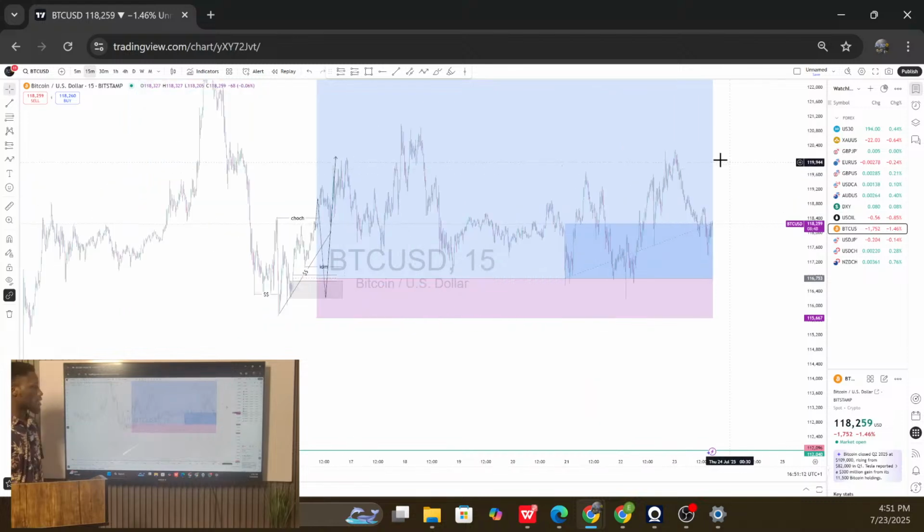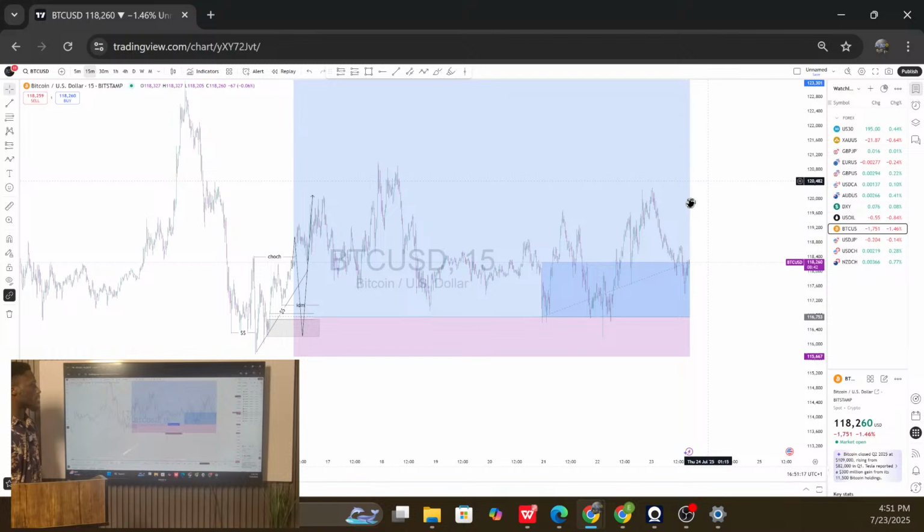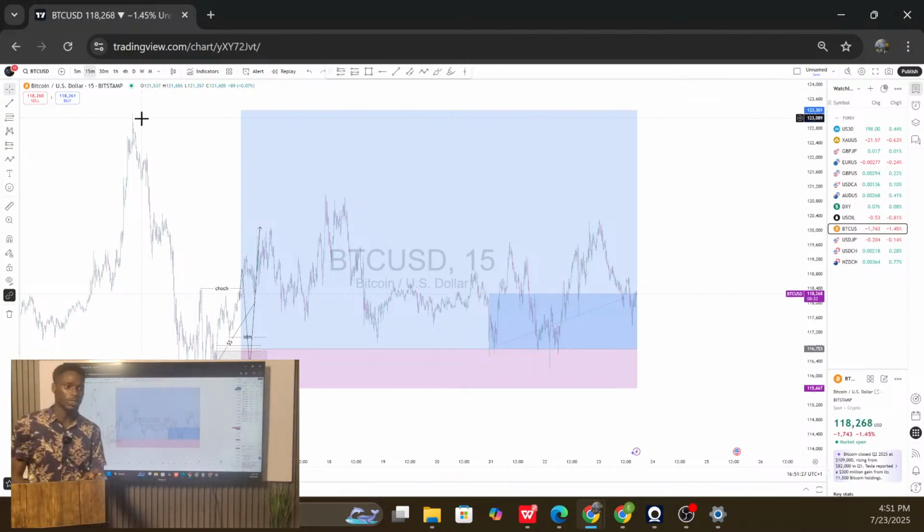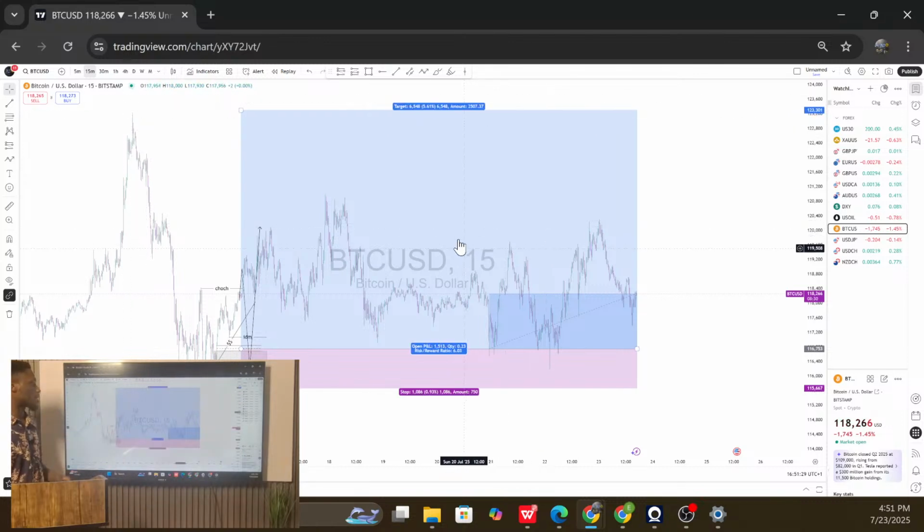Albeit, we may see price coming to sweep above here as liquidity grab for the sell. Right before it sells, you may see price come and sweep this high. And that's what I was expecting. I was expecting price to come and once more take this high as liquidity before we actually see the sale happening. But it may not get that high again since there are zones that are created here.